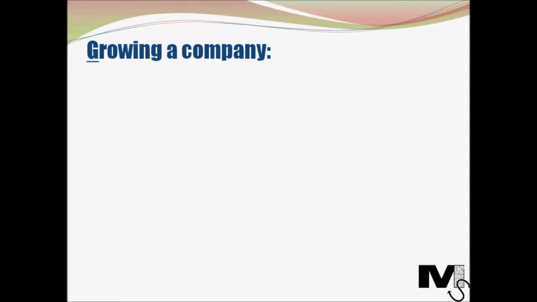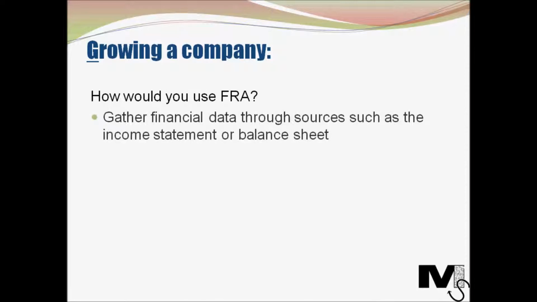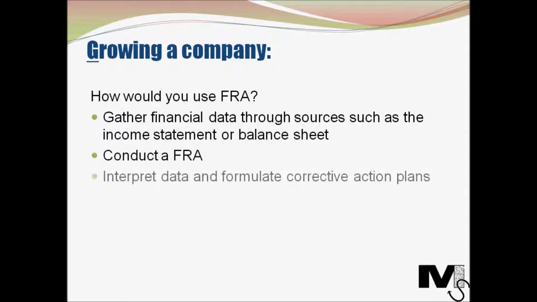Now, in the second hypothetical situation, when you are trying to expand your company, how would you actually use financial ratio analysis? You'd gather financial data through sources such as the income statement or balance sheet, and then you conduct a financial ratio analysis, and then you interpret this data and formulate an action plan to correct the course or to grow the company.